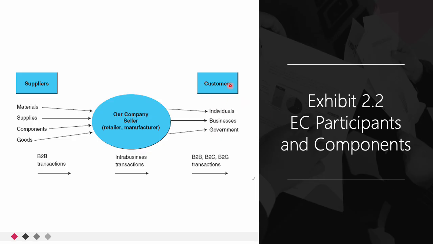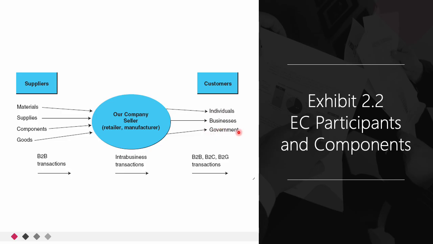And the customer here, if it's an individual, the B2C, then it's a family ordering pizza from your company. If it's a business, then this customer is selling frozen pizza to grocery stores.